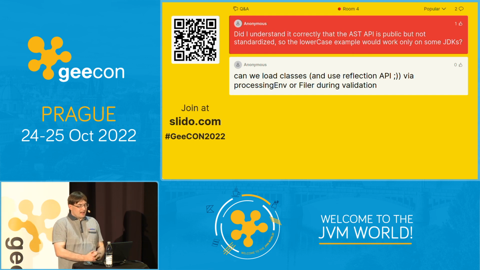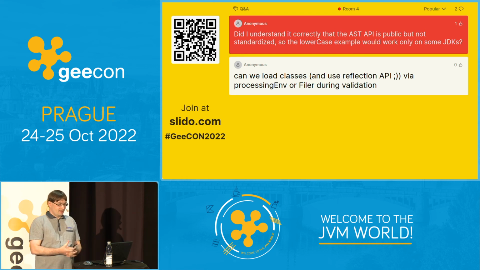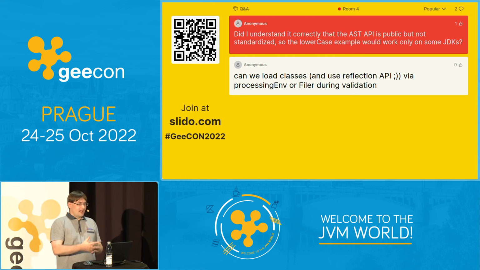The lowercase example, as it's written, wouldn't work on JDK 7, but I believe it should work from JDK 8 upwards. So yes, it's a JDK specific API that is only for javac, basically.